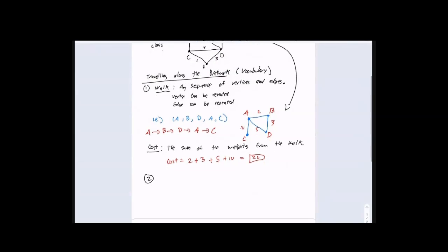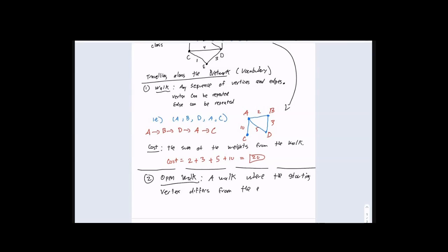Second thing, let's get a little more specific. We can say what's called an open walk. An open walk is a walk where the starting vertex differs from the ending vertex.